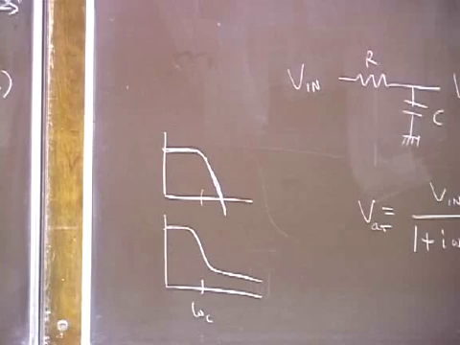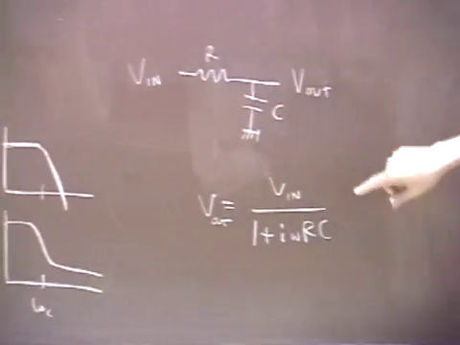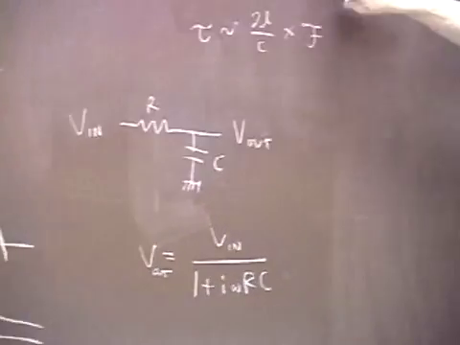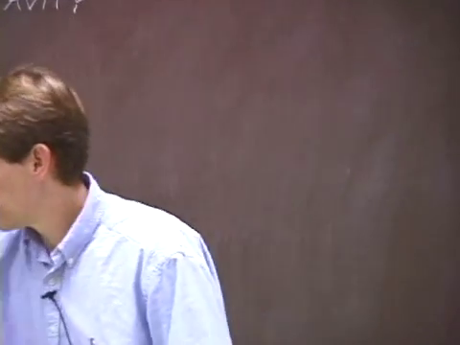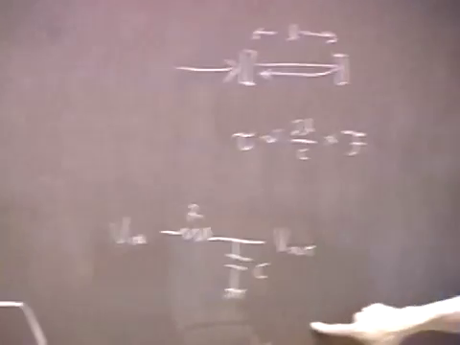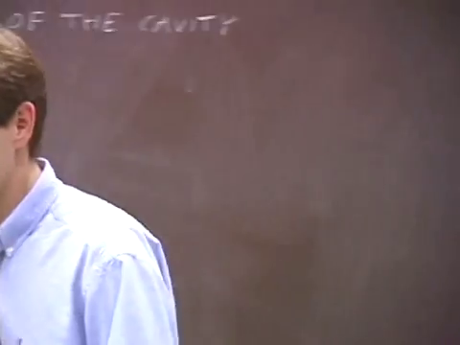Most of you have probably seen a low-pass filter before. It turns out that if you do the math, if you calculate the dynamic response of a Fabry-Perot cavity, you get exactly the same thing. So the cavity responds with exactly the same frequency dependence as a low-pass filter, for the frequencies that we care about.